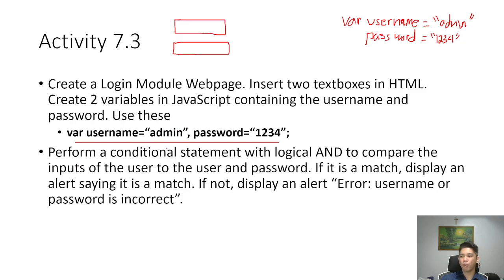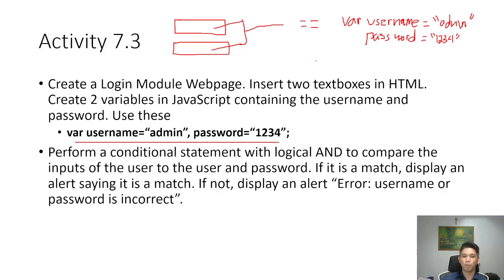Now you will perform a conditional statement with logical AND to compare if the input of the user, the first one and the second one, are going to be equal to the username and password variables.